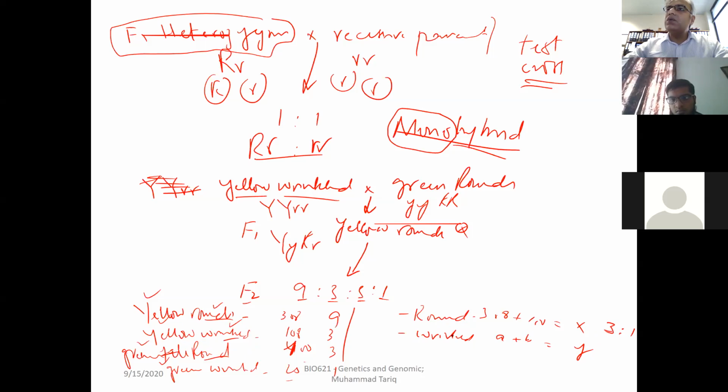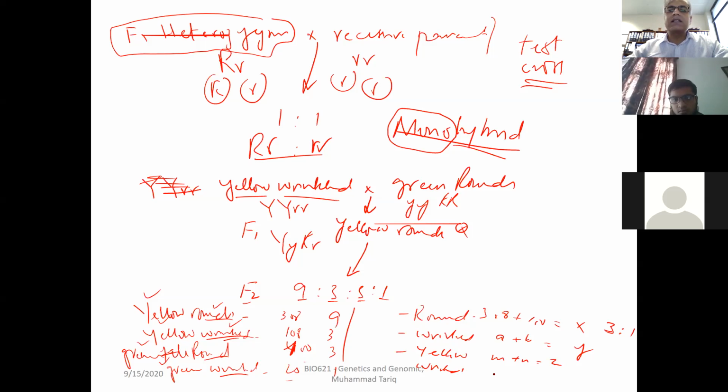The ratio of round to wrinkled is not disturbed even in a dihybrid cross. He did the same for yellow versus green. He forgot about round. He added all the yellows, let's say M plus N is Z, and all the greens, so here are the greens, this one and this one.